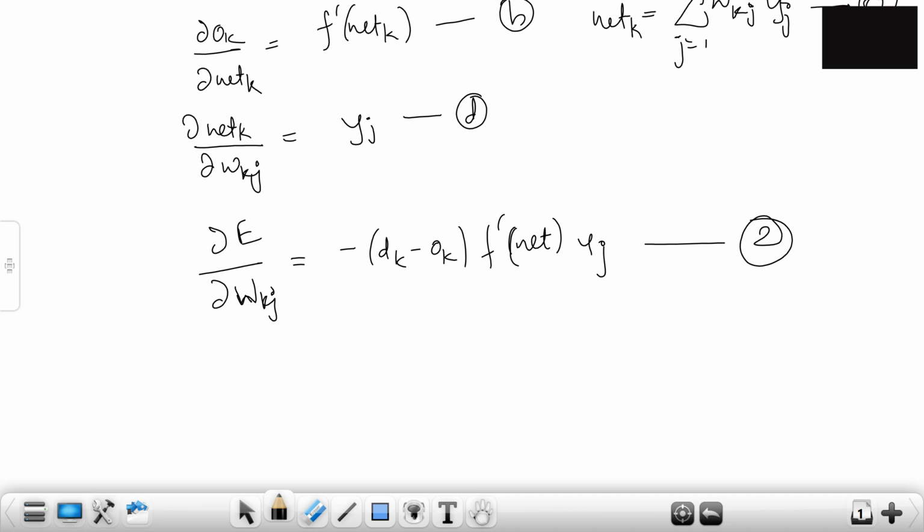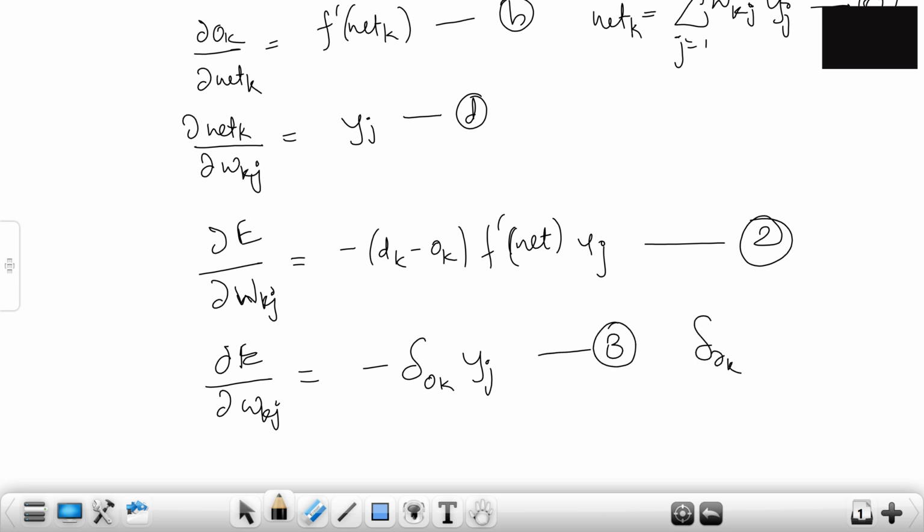Fine. Now this can also be written as ∂E upon ∂w_kj equals minus delta_ok y_j. This is equation number 3.